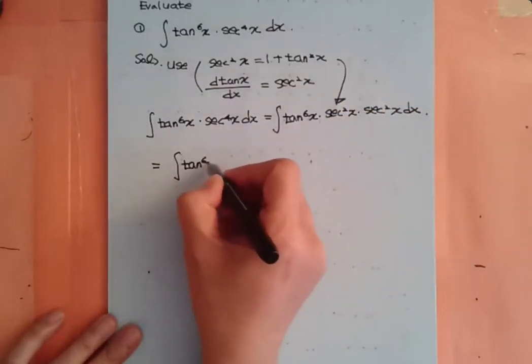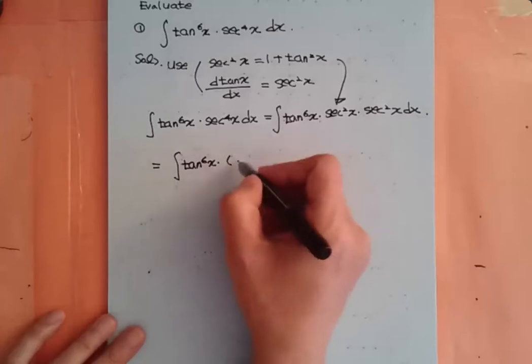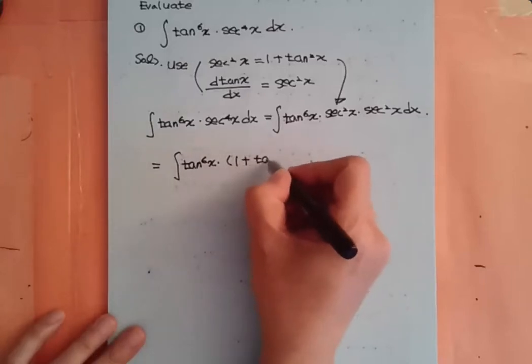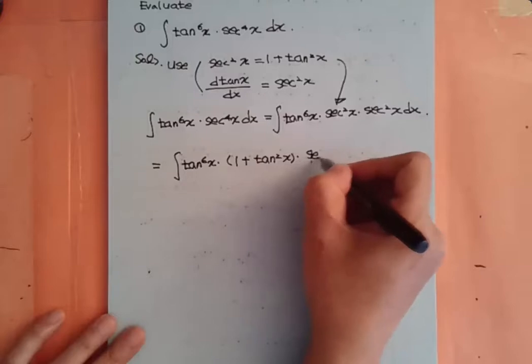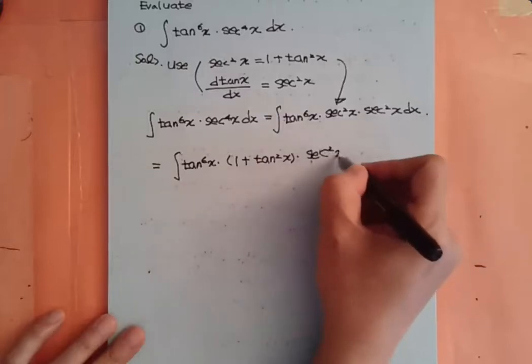Tangent to the 6th power times secant squared is 1 plus tangent squared of x times this one, secant squared of x dx.